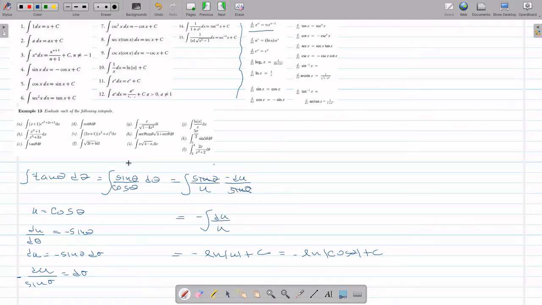If it doesn't cancel out, sometimes maybe you are doing a wrong substitution, or maybe you have to use a different method. So after substitution, this cancels out, and what remains has to be one of these integrations. Otherwise, again, you have to use a different method.